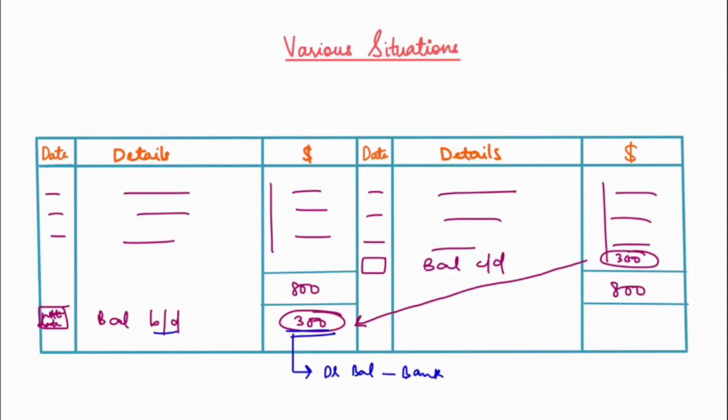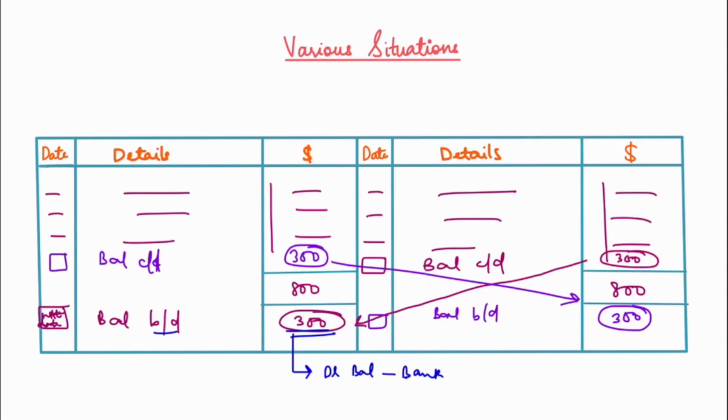Now, for instance, if this 300, that is the balancing figure, would have been on the opposite side, that is on the credit side, it would have been balance carried down over here, 300, like this, balance brought down, the date and the date. This case will be when the credit side total is more than the debit side total.